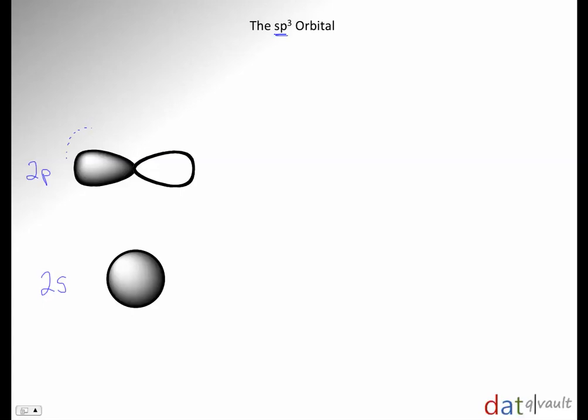We can think about it as the s orbital overlapping with this 2p orbital, and if we do that, we get an orbital like this where one of the lobes is bigger than the other lobe. Of course these 2 orbitals here are in phase, and then the other lobe is going to be out of phase, something like this.